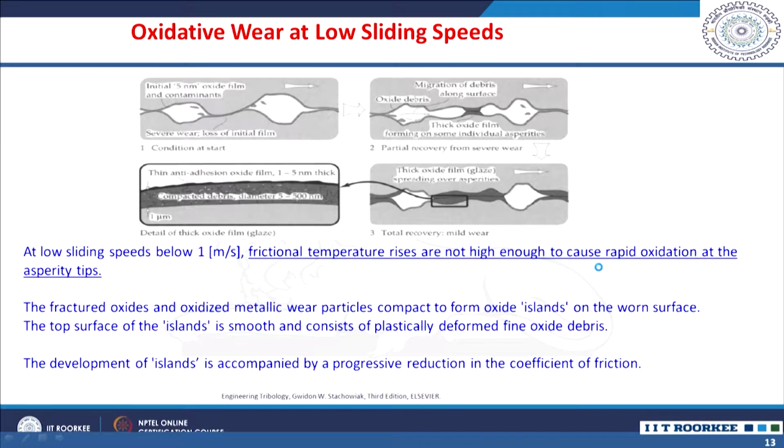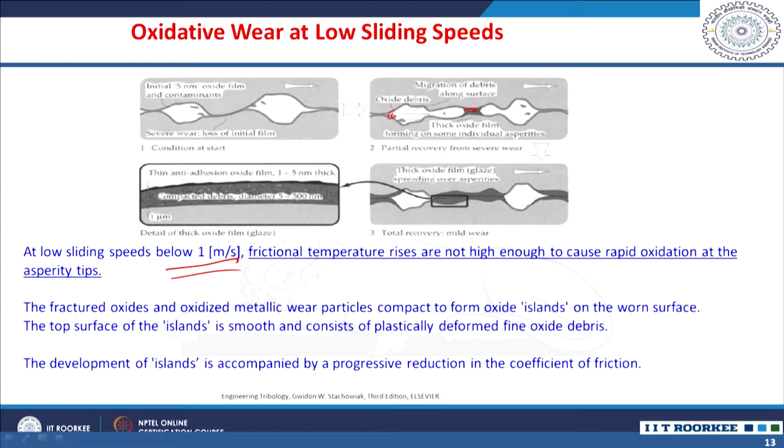Whereas, oxidative wear at low sliding speeds, below 1 meter per second: the frictional temperature rises are not high enough to cause rapid oxidation at the asperity tips. So, the fractured oxides, so you will see the oxide debris, right.